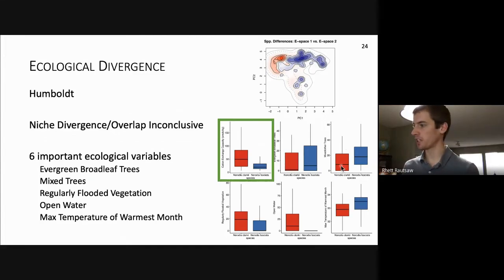The other ones here came from a land cover data set, essentially what kind of habitats there are. And the last one here is the standard bioclim layers that are used most frequently. I included those as well. The only one that came out from the bioclim layers is this temperature of the warmest month. But yeah, they were all included to try to pick out what was the most divergent between them.